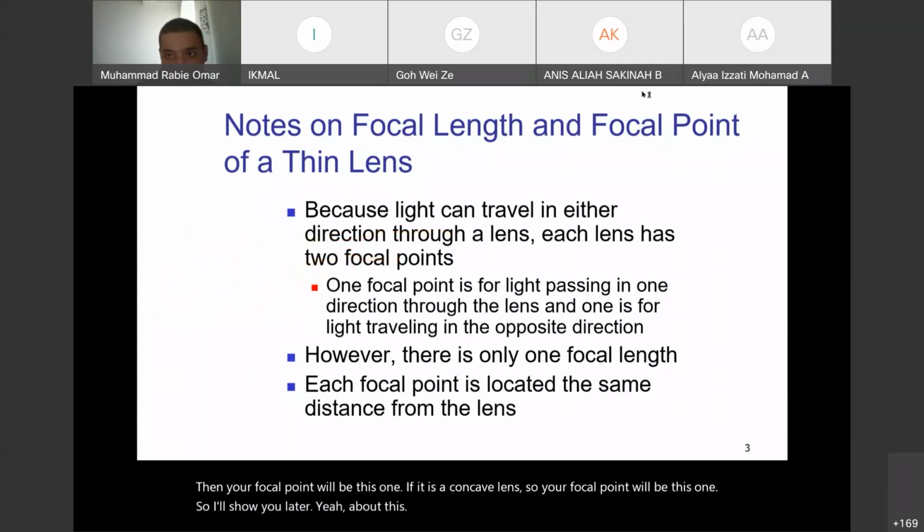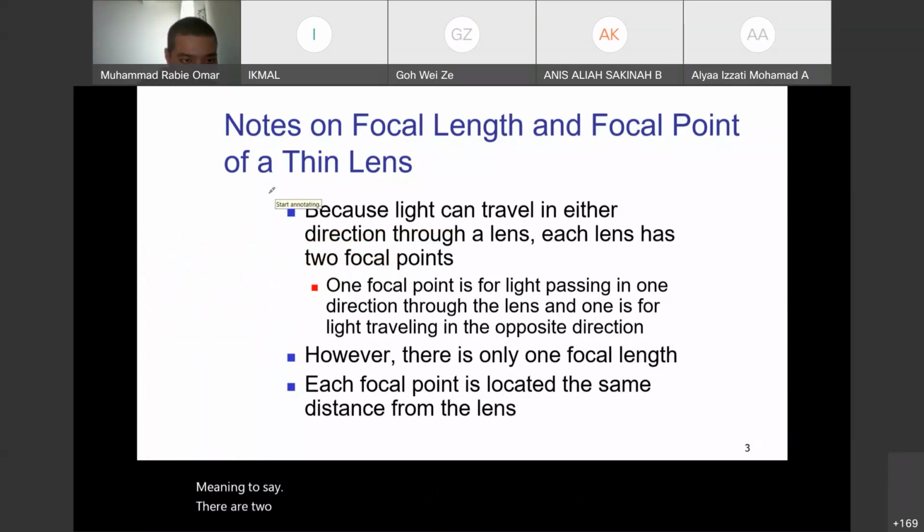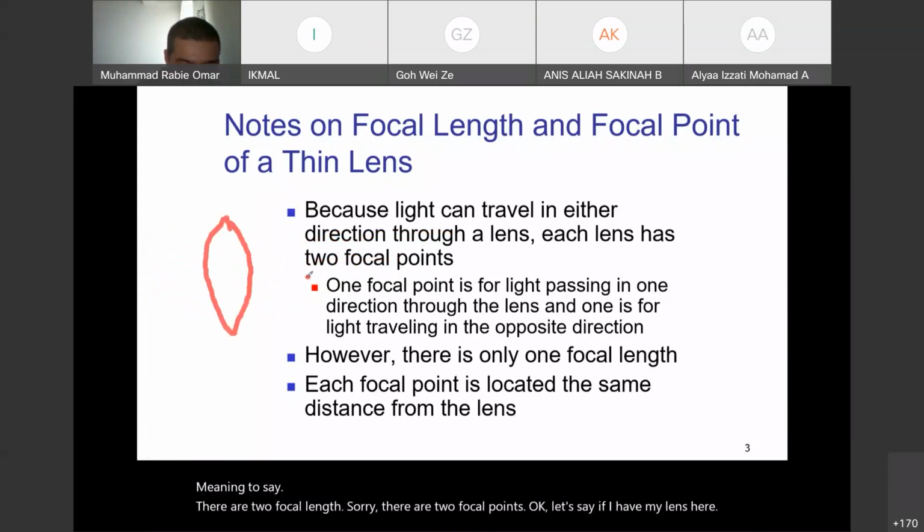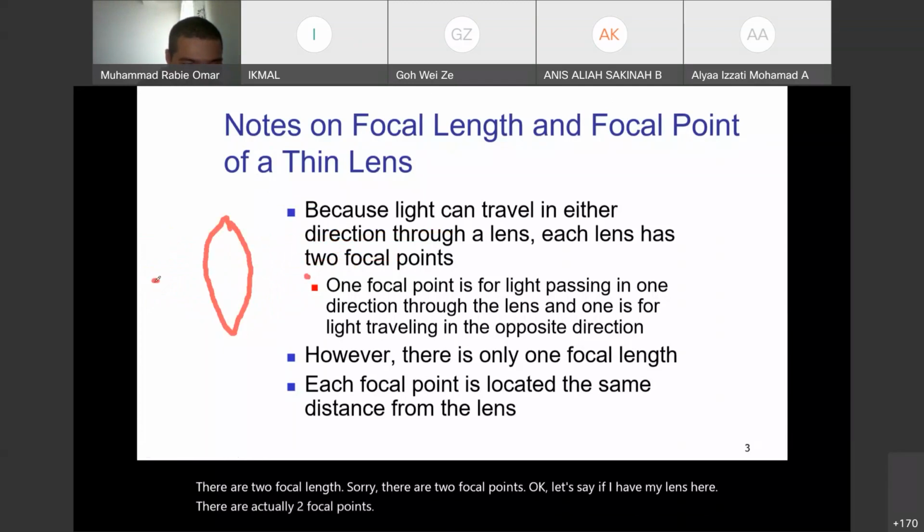Meaning to say, there are two focal points. If I have my lens here, there are actually two focal points, but it depends on your situation.